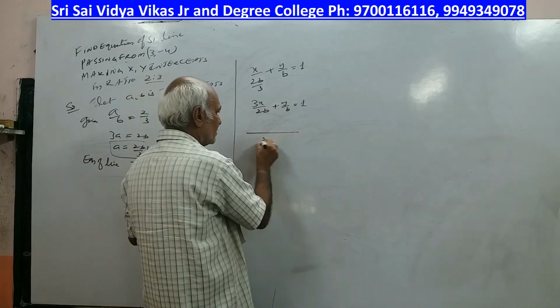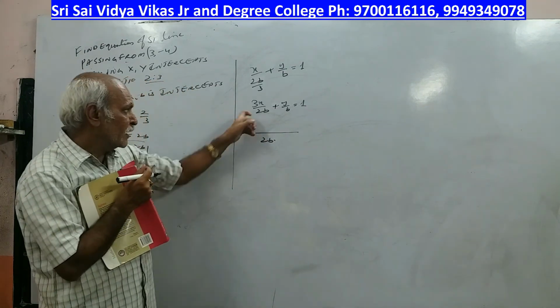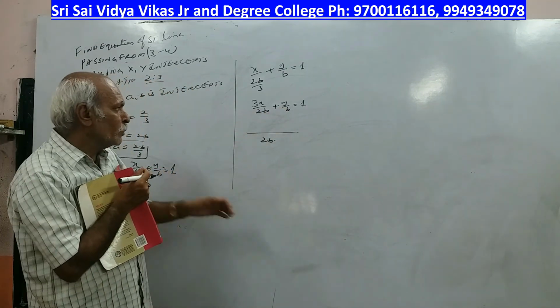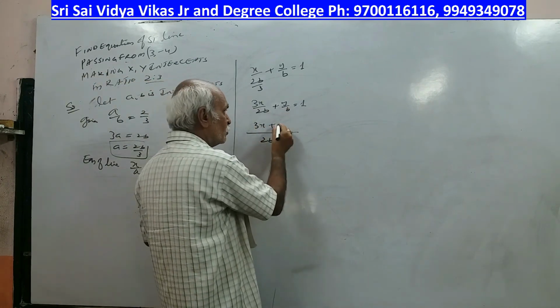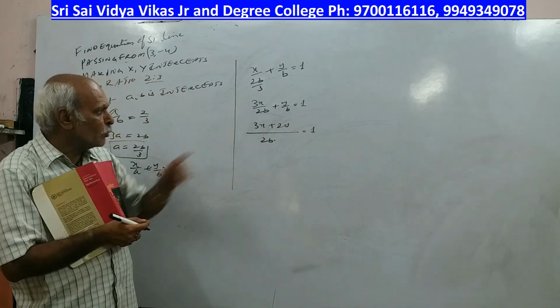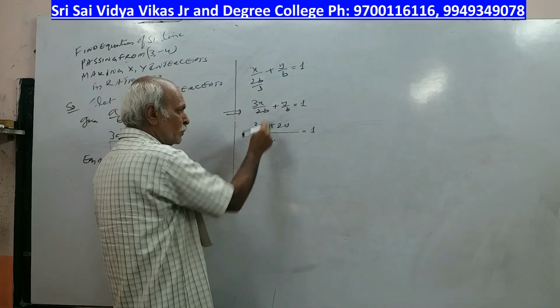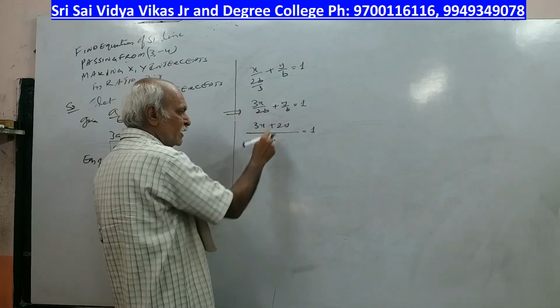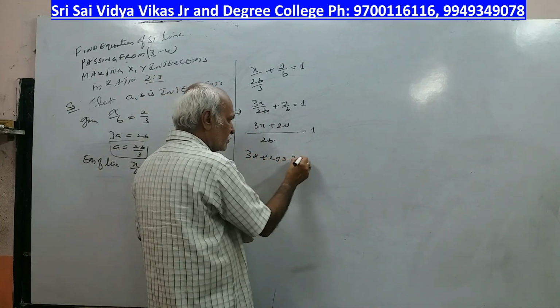LCM is 2b. Here 2b, here b, so 2b will go one time, 3x. B will go one time, so 2y is equal to 1. So 3x plus 2y by 2b is clear. Let me say again. LCM is 2b. So 2b will get cancelled, 3x. B and b will get cancelled, 2 into y. So 3x plus 2y is equal to 2b.